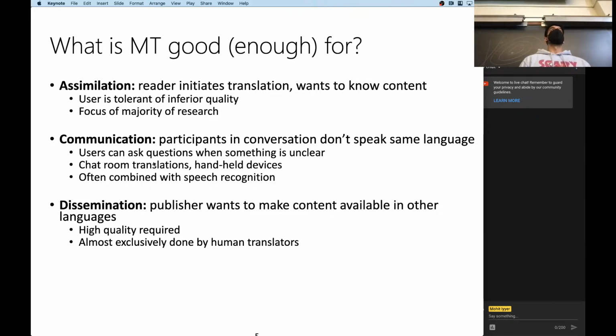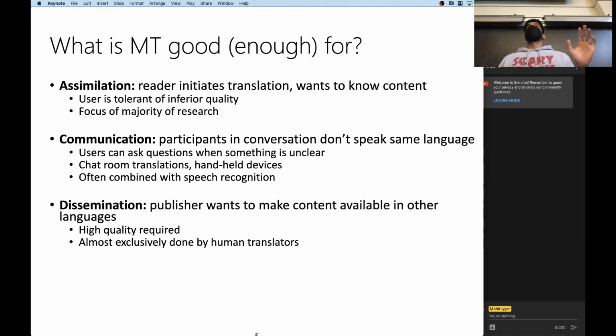So for example, if you are talking to someone and you don't speak the same language, you could imagine a real-time translation system that simultaneously translates what you're saying into the language of the other person, so you can have a normal conversation with no lag on either of your parts, but a translation system is facilitating this communication.